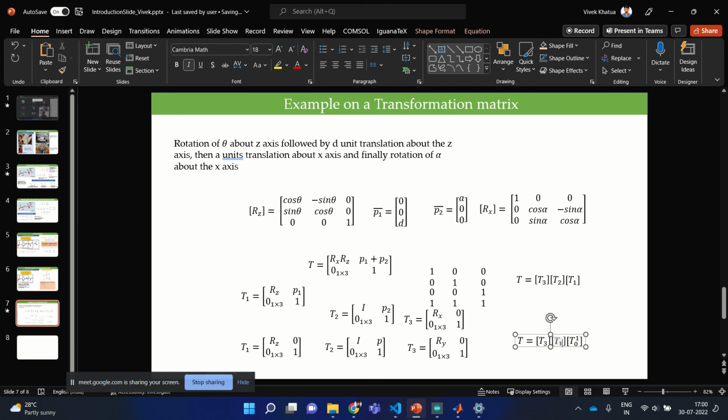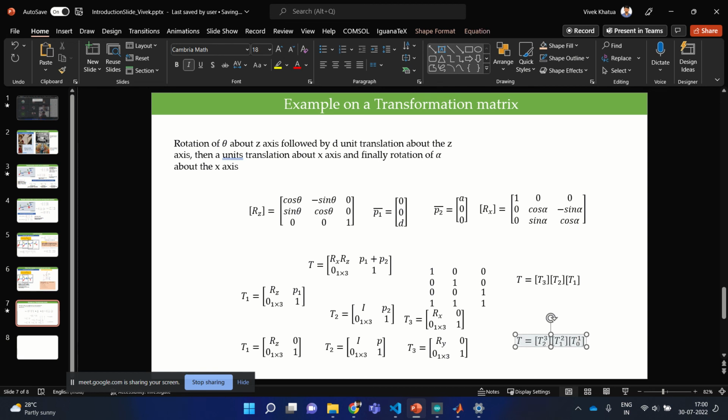Here it will be 1 to 2, and here it will be 2 to 3. So at last, the multiplication of all these will give you 0 to 3.